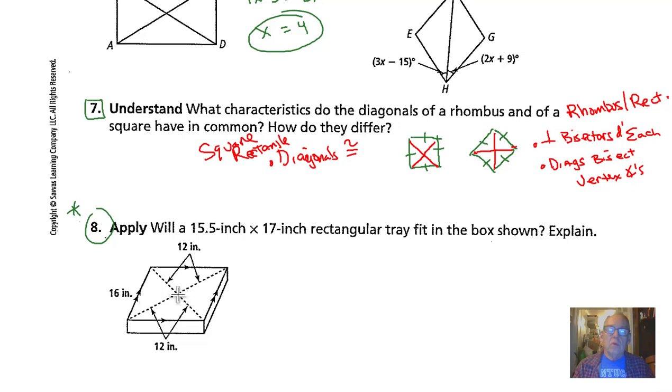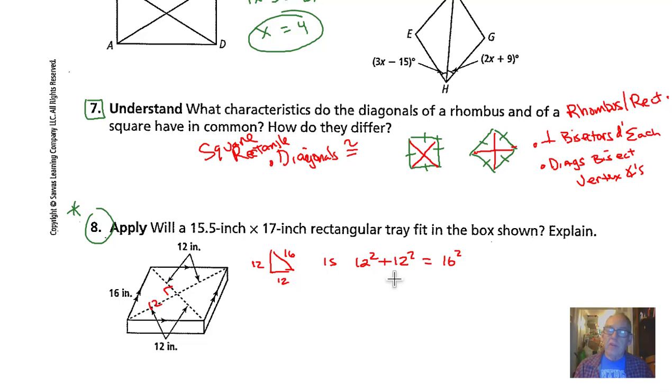Okay, we don't know for sure without doing a little more work whether it's actually a rhombus, because if it's a rhombus, there'd have to be a right angle there. We can check to see if this is a right triangle. We have a 12 and a 12 and a 16. So is 12 squared plus 12 squared equal to 16 squared?